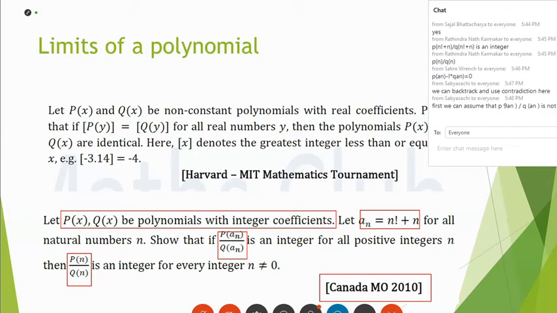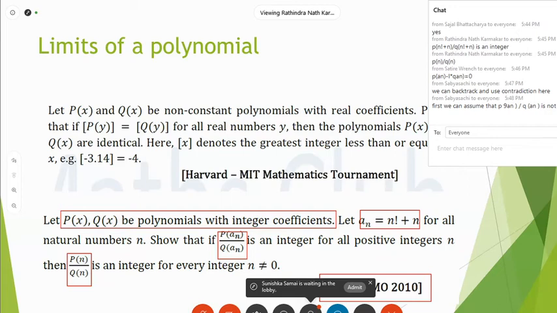So if you want to use contradiction, you have to assume that for some natural number n, p of n by q of n is not an integer. Or let's say for some integer n, p of n by q of n is not an integer. But there is no guarantee that that n will be equal to some n of the form k factorial plus k.